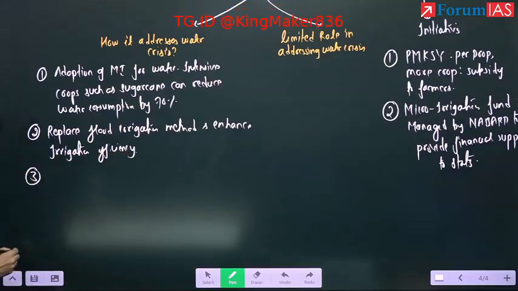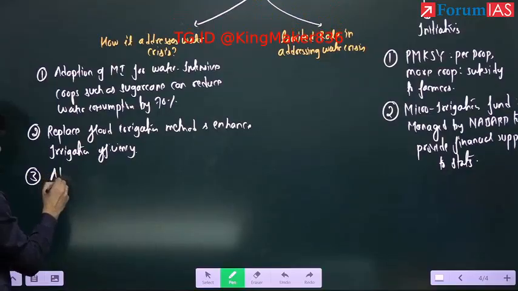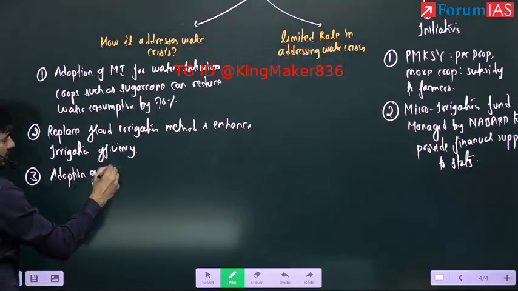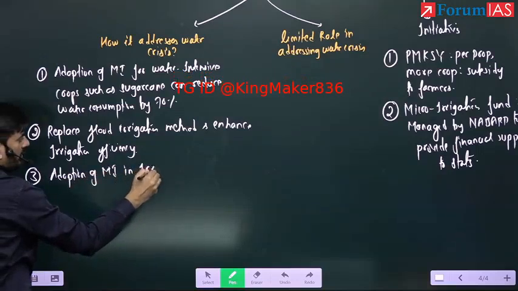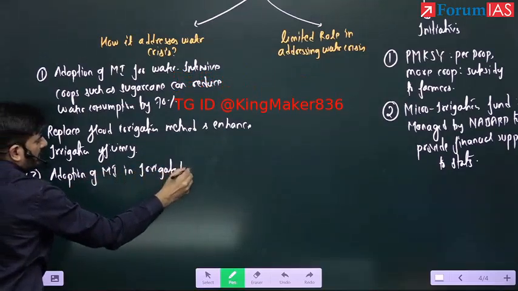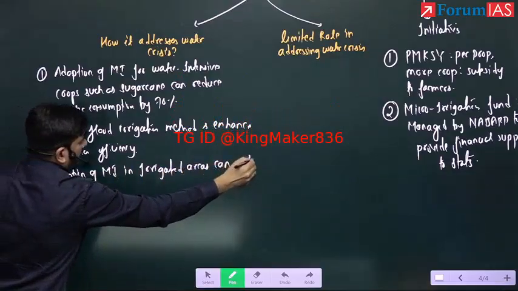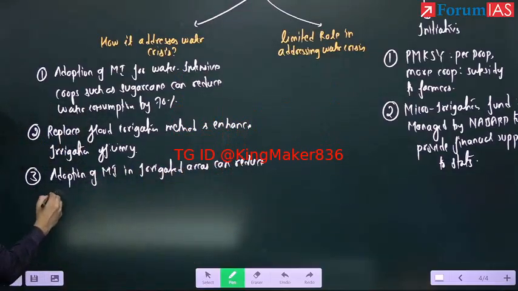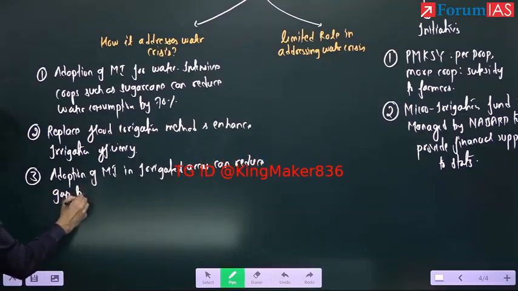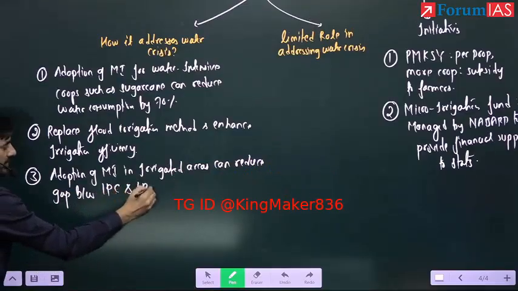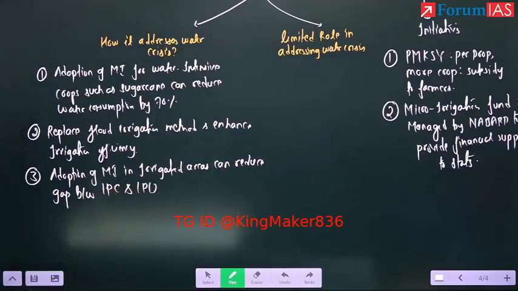Third, adoption of micro irrigation in the irrigated areas can reduce gap between irrigation potential created and irrigation potential utilized. So you have to link the challenges to the micro irrigation.